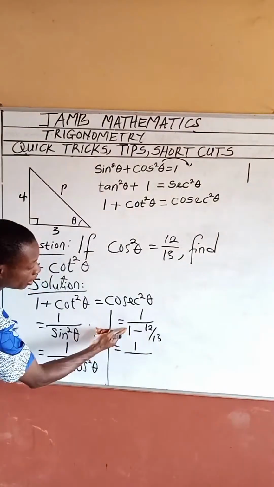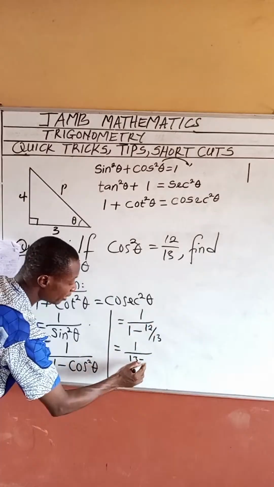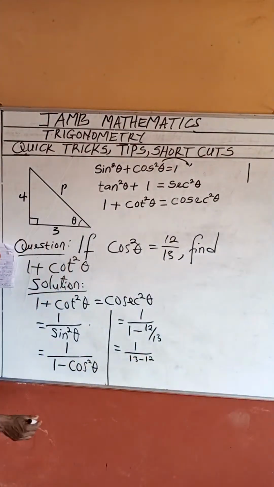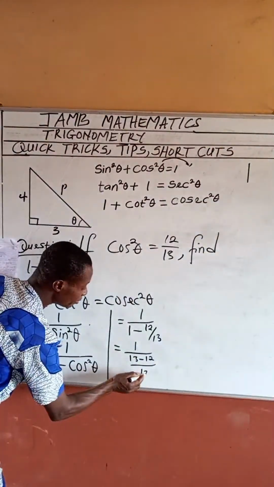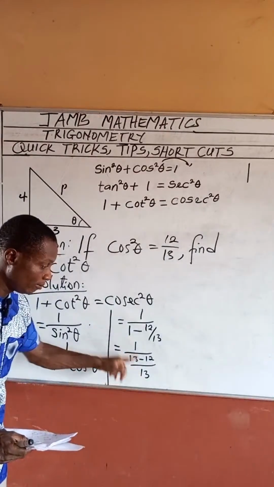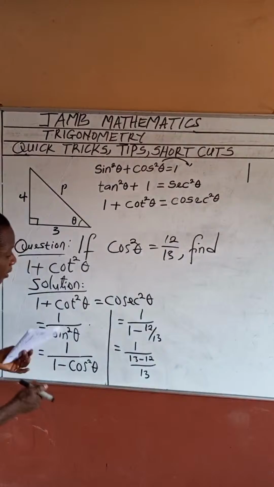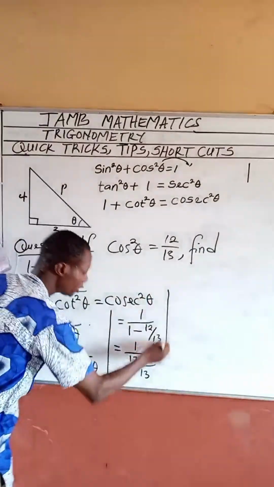13 times 1 is 13, then minus this 12 here, then divided by 13. Remember I told you that this 13 will come up. As a JAMB student, just note that this 13 will come up, so there's no need to waste much time.